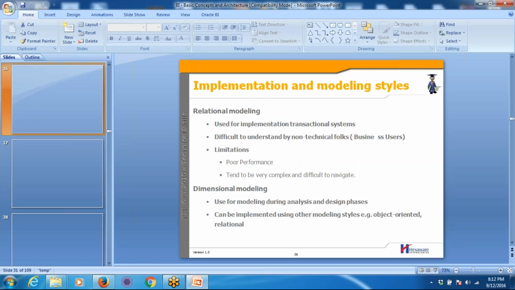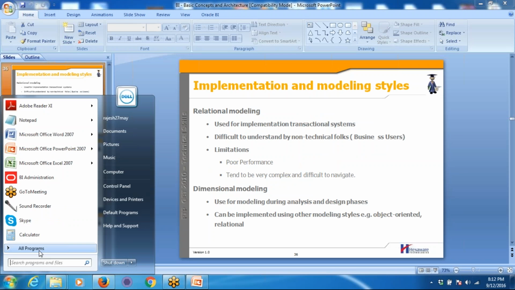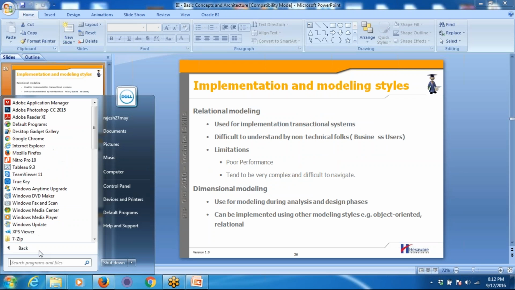Let me show you an example. Take any of these implementations, ERP or CRM. Suppose XYZ company has implemented an ERP solution. ERP is a transactional system, so they capture the business transactions and keep them as part of the ERP database. If end users want to generate reports, they generally raise a request to the IT department to create reports.